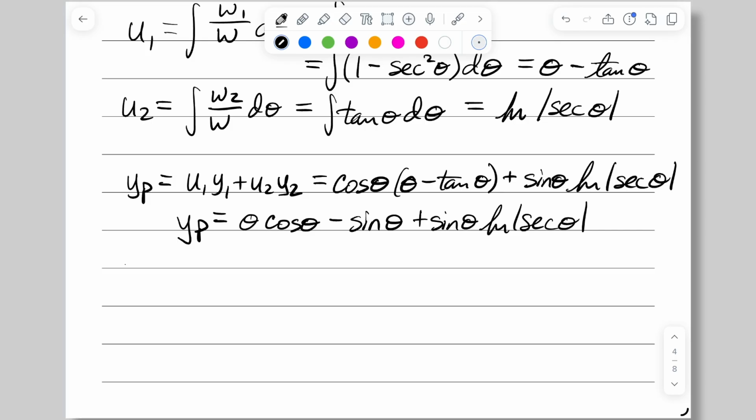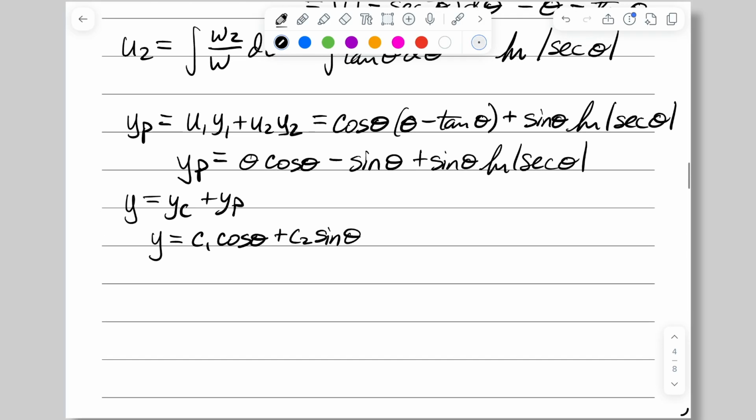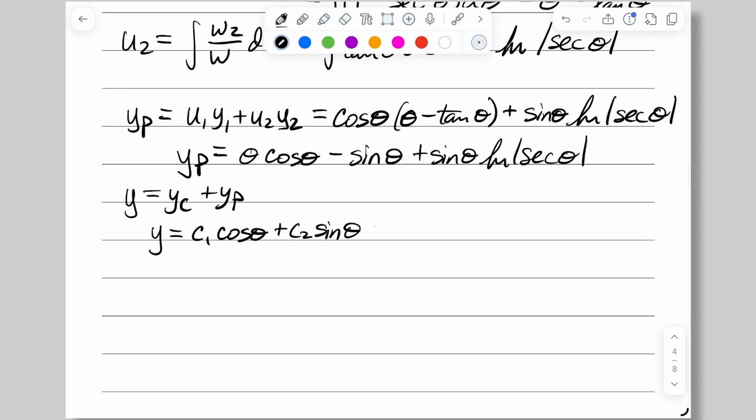Further, remember that y is equal to yc plus yp. And so here we have that y is equal to c1 times the cosine of theta plus c2 times the sine of theta from the first step, like 30 minutes ago, plus yp.